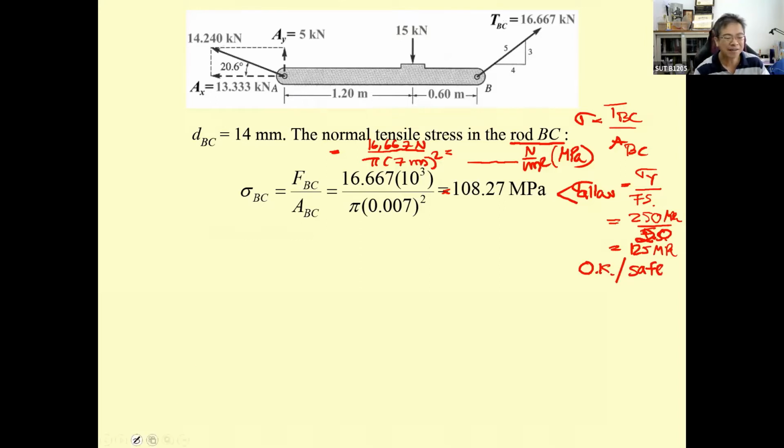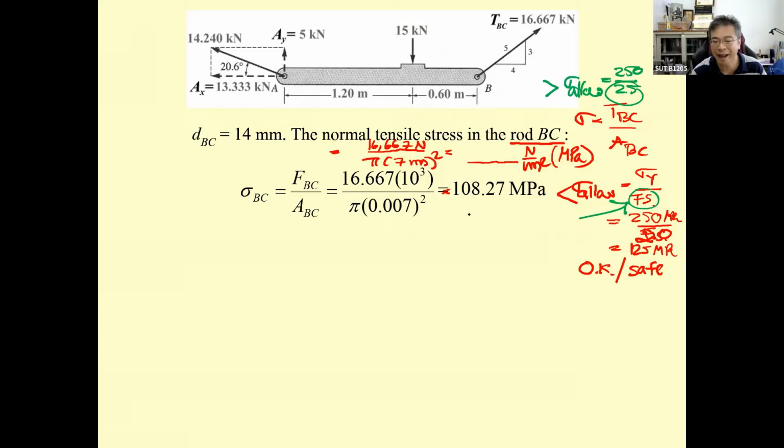But somehow, you guys like to use a larger factor of safety. It depends. Ajahn will provide you for this kind of problem. Okay, if you expand this one to be 2.5, the allowable will be 250 divided by 2.5.